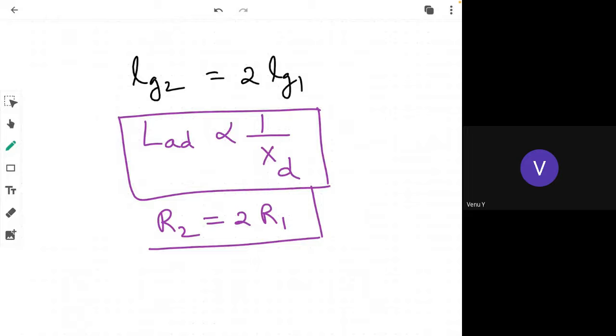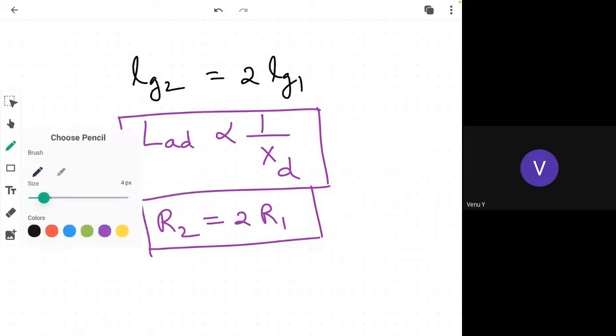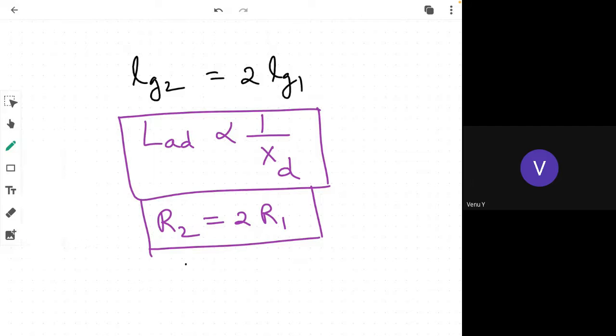Therefore, the magnetic flux linkage becomes half of the previous value. Why? Because reluctance is nothing but the inverse of permeance. If reluctance is doubled, that means the permeance becomes half.